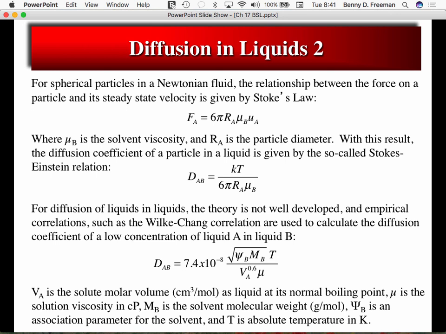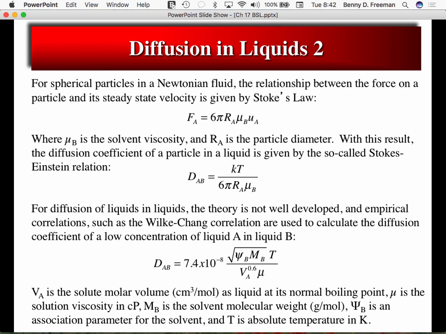Einstein considered the very simple case of Stokes flow, which you would have solved or seen in fluid mechanics. So you have a spherical particle in laminar flow through a fluid. The force acting on that particle depends on its radius, the viscosity of the surrounding media, and the velocity of the particle.